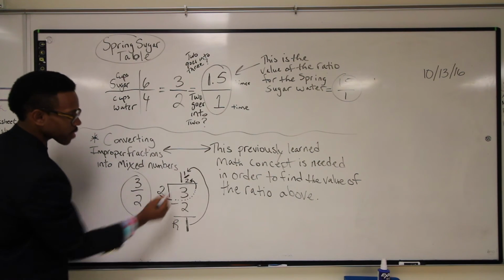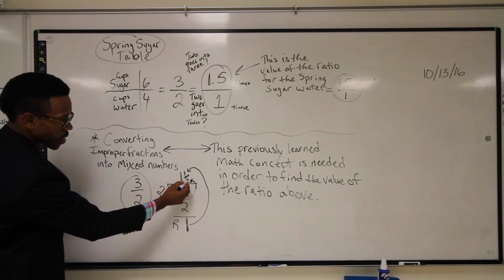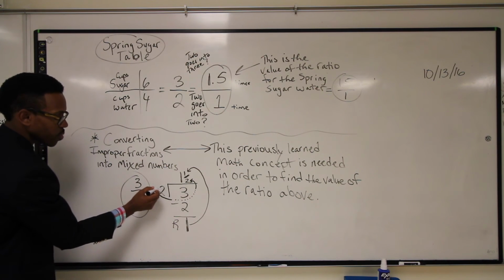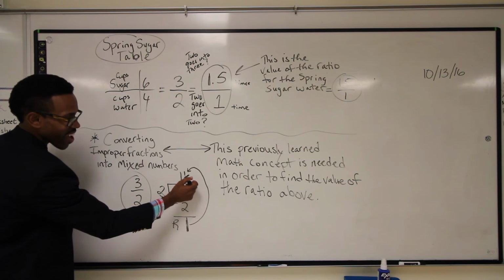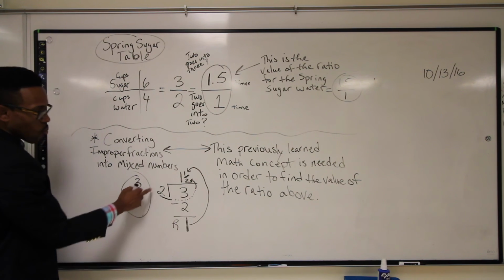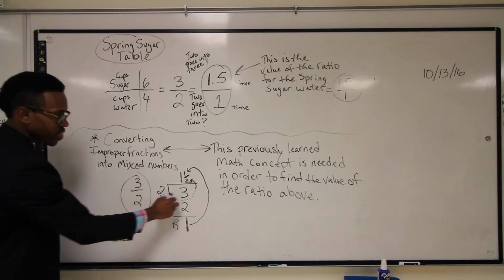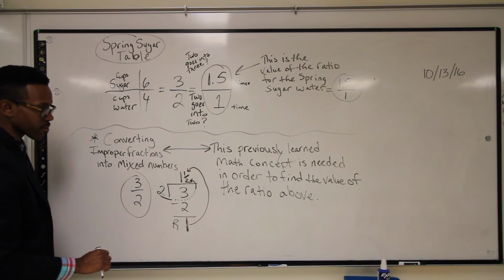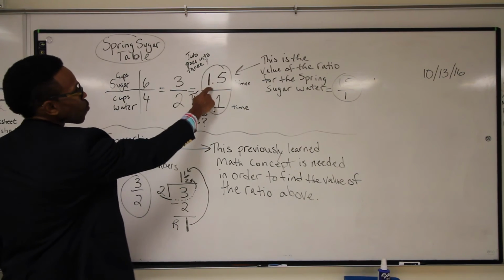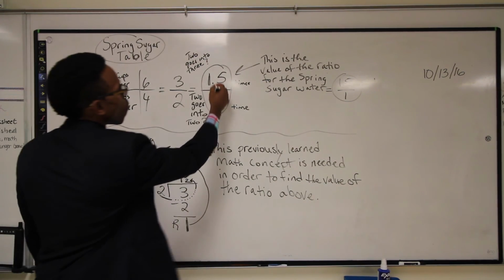Draw my fraction line, and then my denominator is always going to be the same number here. Whatever this number is right here, that's always going to be the denominator that goes underneath this remainder. Okay, so that's how we get 1.5.